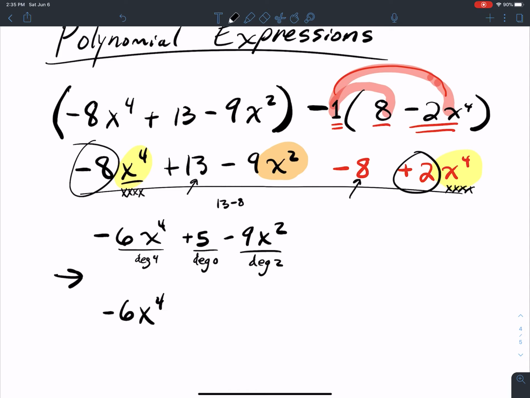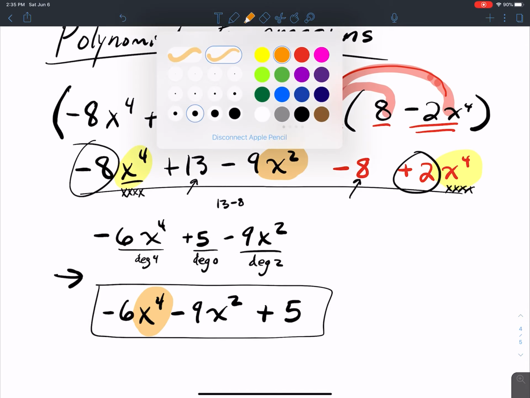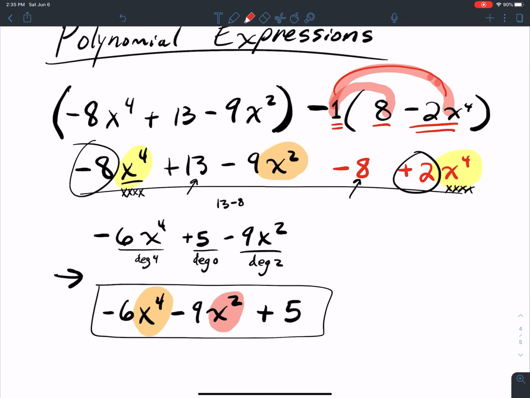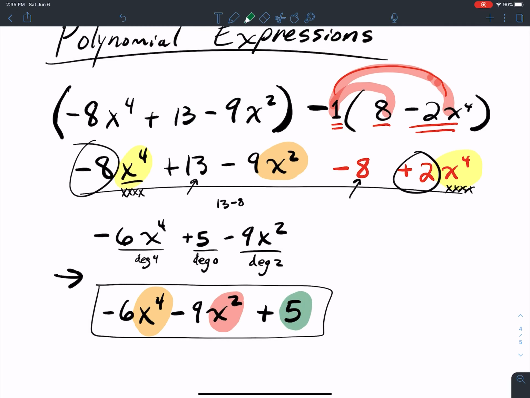And then the next degree is negative 9x squared. And then the last one is plus 5. And so this is my answer, simplified. I can't combine the x to the fourth with any of them. I can't combine the x squared with anything, and I definitely can't combine this constant with anything. So that's as simplified as we can get it.